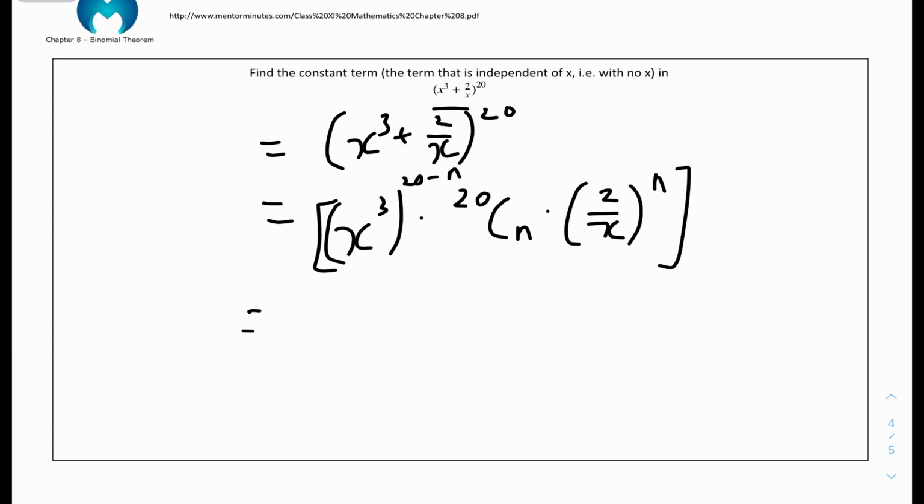So we have to find a value for n, the power, that if you get to the power of something for the denominator of x, it will cancel out this term right here. So these two terms have to cancel.